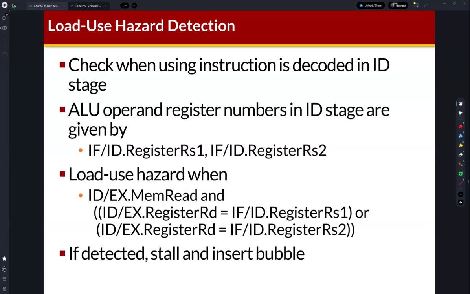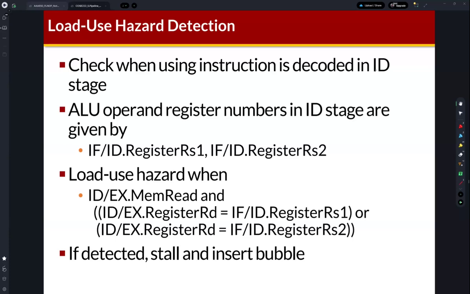As I mentioned, we cannot avoid the waste of a clock cycle caused by the load use data hazard, right? This is because when the load instruction is executed, it generates the result in the memory stage, but this result is required in the EX stage by the ALU.